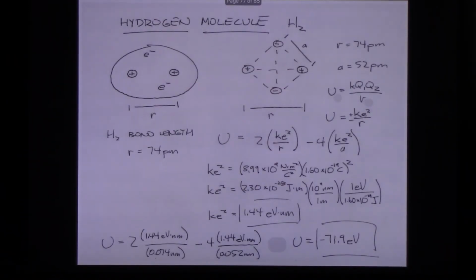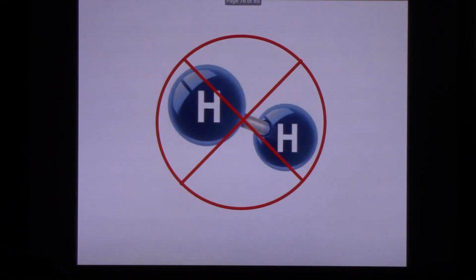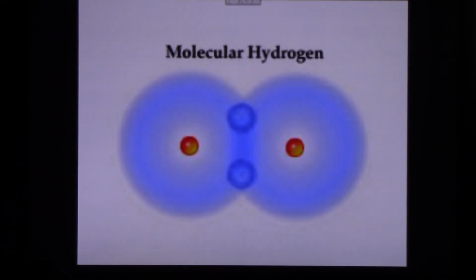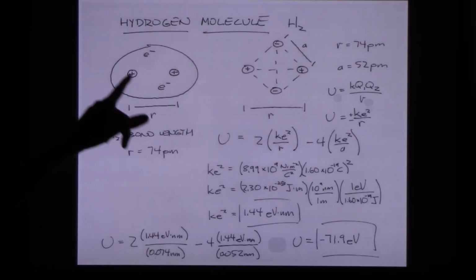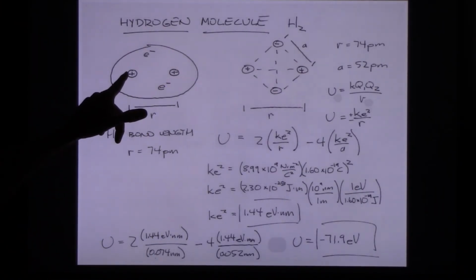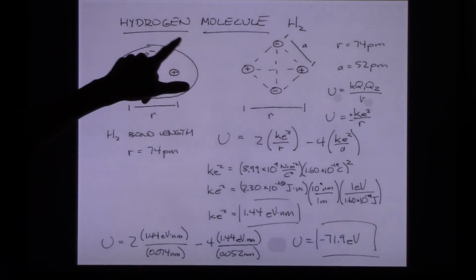Okay, and so I added this as an example. Here is the hydrogen molecule. This is kind of in reference to what I was looking at before. What happens when we look at molecular hydrogen? Well, point charge, there's a hydrogen nucleus. Its chemical formula is H2.